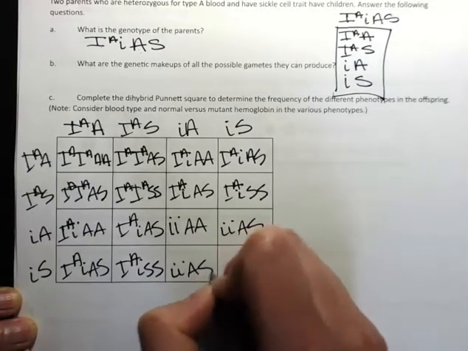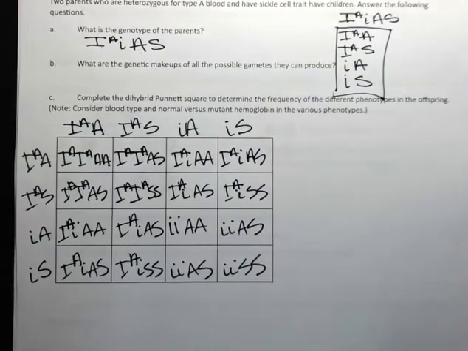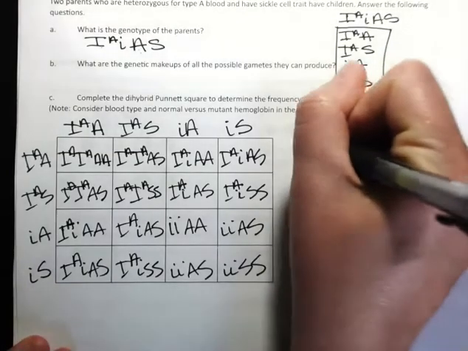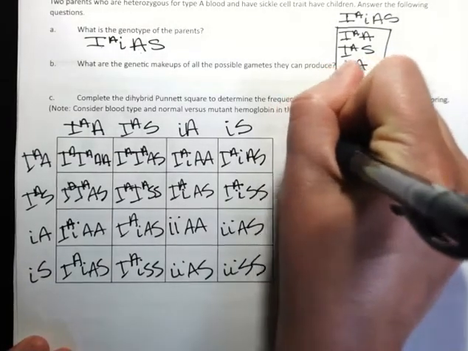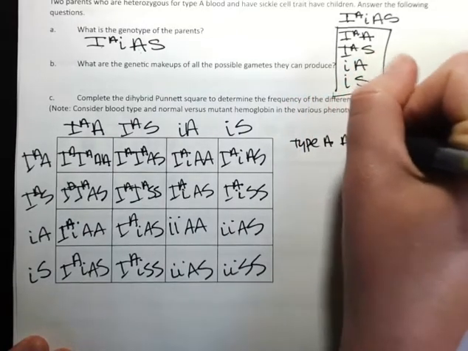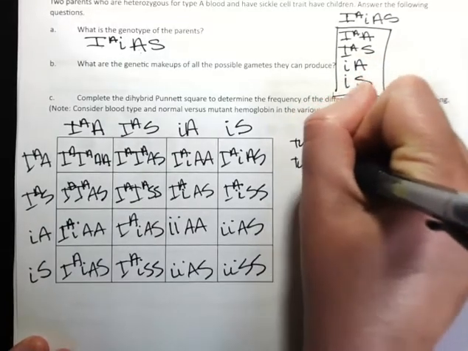Okay, let's see. So my possible combinations would be type A and normal, right? Type O and normal.